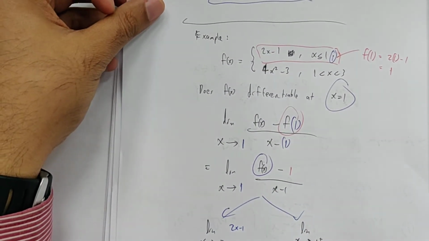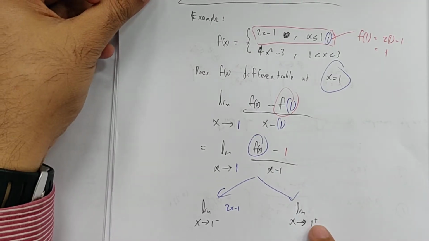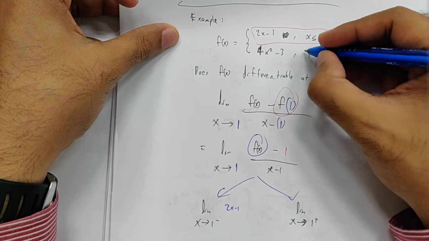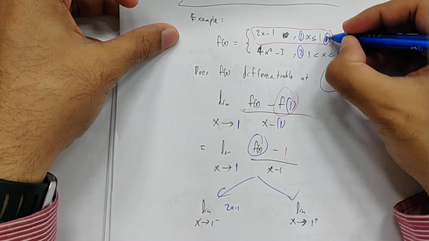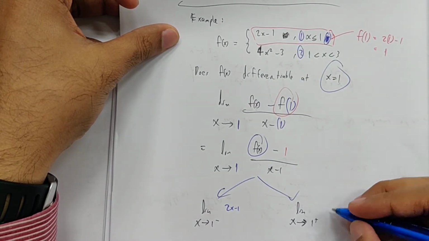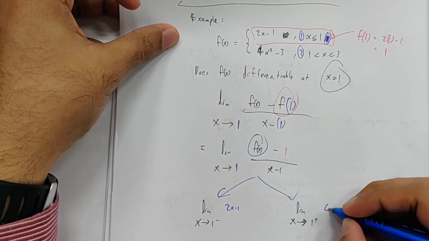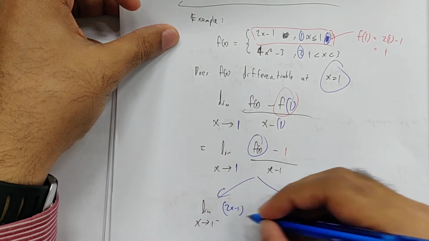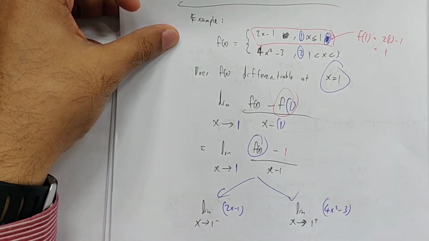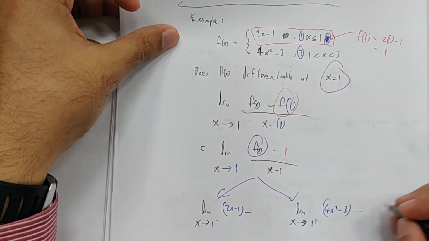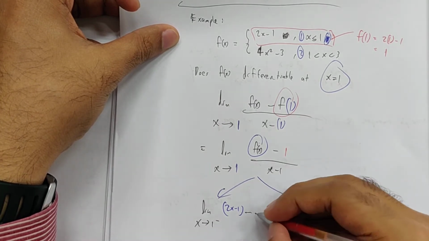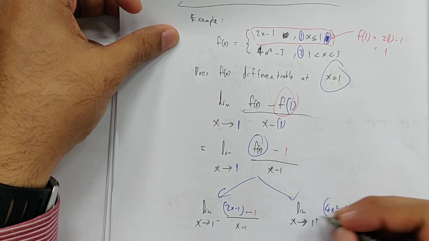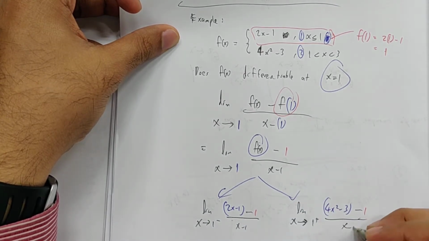So that also means from the right will be the second. Let's put it more recognizable: 4x squared minus 3, minus 1, over x minus 1.